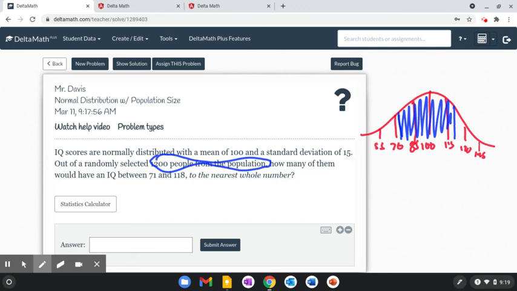So we're going to start solving it the same way. Use our mean of 100, our standard deviation of 15, our lower of 71 and upper of 118, and choose to do it on your TI-84 calculator. So second vars, normal CDF. We'll do our lower of 71, upper of 118, mean of 100, and standard deviation of 15.